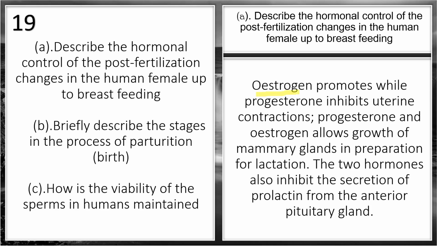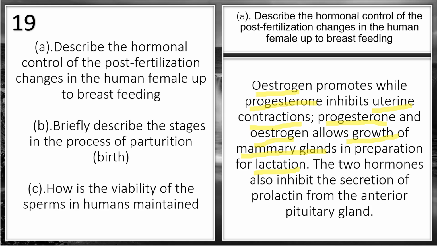Oestrogen promotes, while progesterone inhibits uterine contractions. Progesterone and oestrogen allow growth of the mammary glands in preparation for lactation.